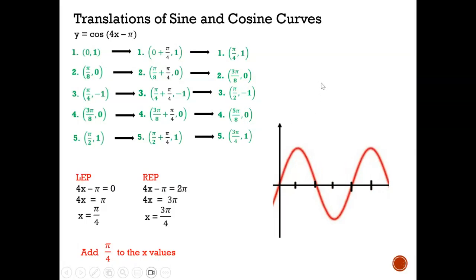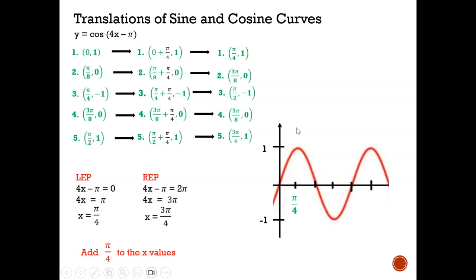Okay, now, here's my graph. Why is the graph like this? It feels like the sine wave, but this is a cosine wave. It's because everything shifted by pi over 4 units to the right. This will be the amplitude, 1, negative 1.